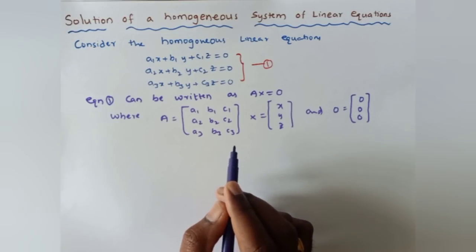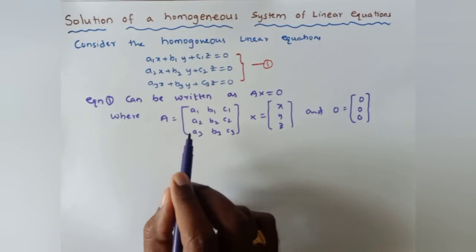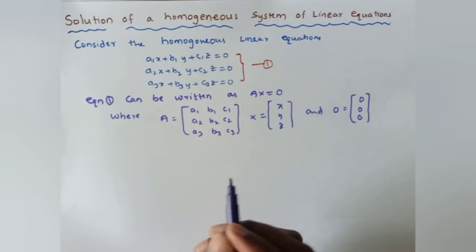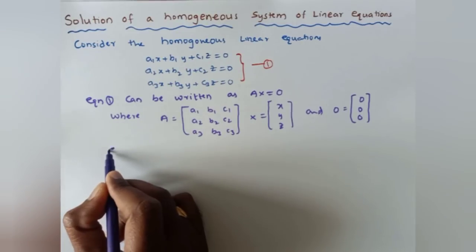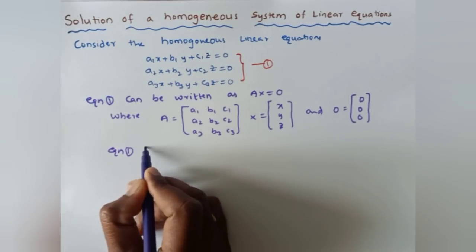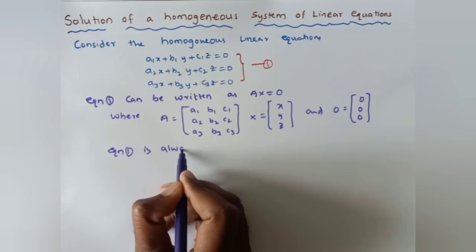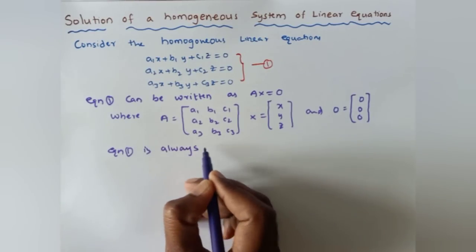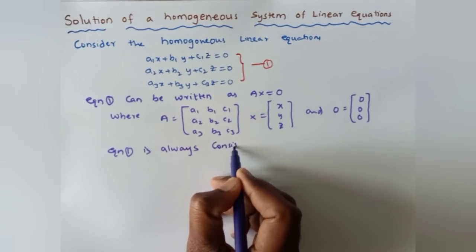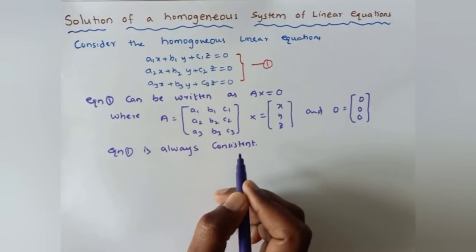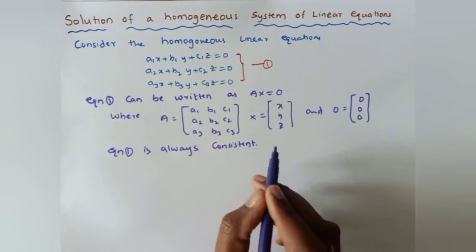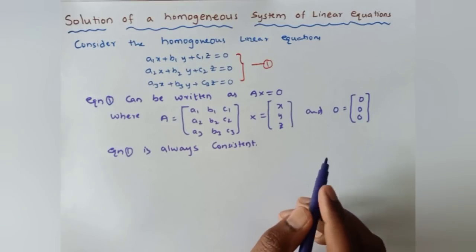So thus the system of homogeneous equations is always consistent. Therefore equation 1 is always consistent. Consistent means the system has a solution.